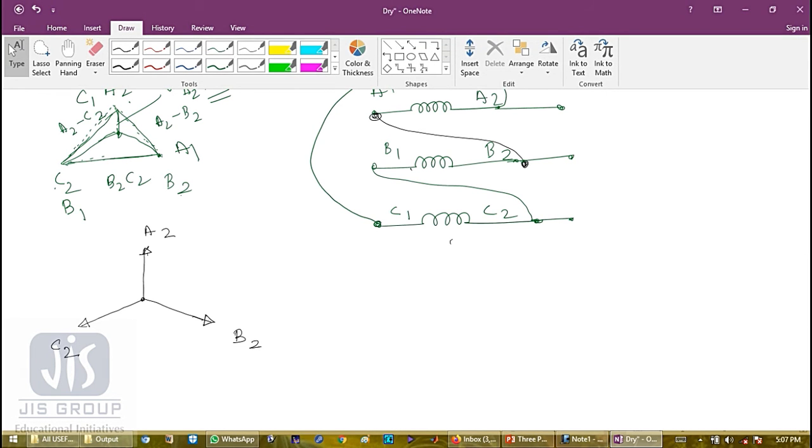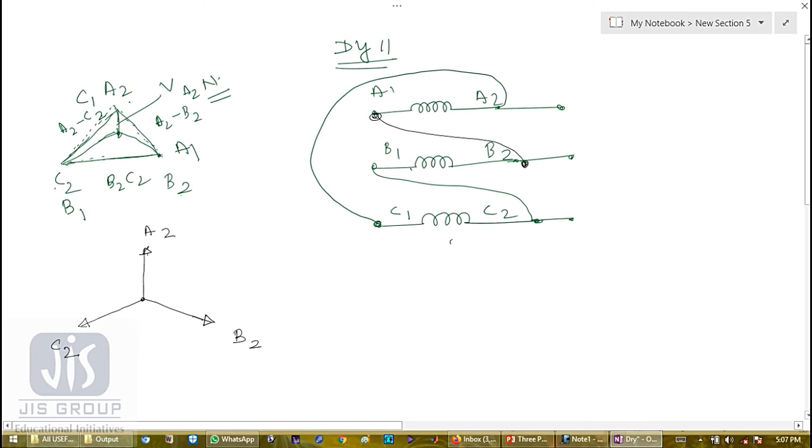Now we have to give a phase shift of 30 degrees plus, meaning we have to rotate it anti-clockwise, then it is plus 30 degrees. So this is A2N. So secondary A2N will be somewhere here.